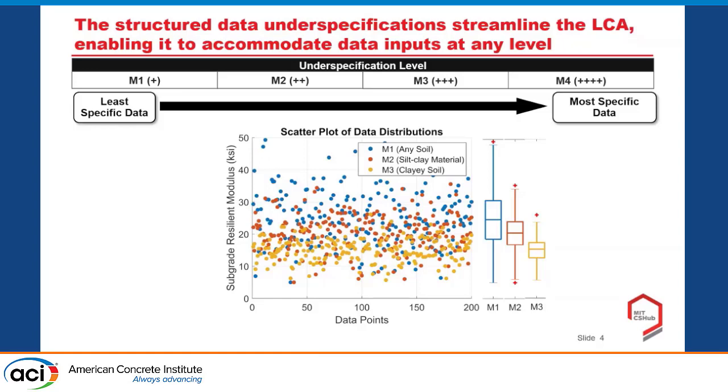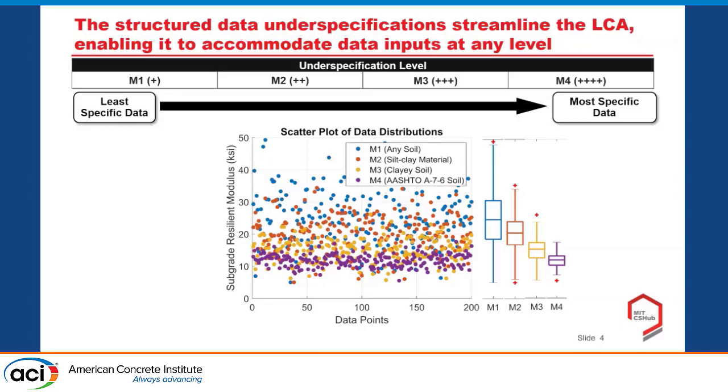If the user has the detailed soil type, if they definitely know that it could be AASHTO A-7-6 soil type, then, as indicated here, at level M4 the variation of the subgrade resilient modulus is reduced much further, with much less variation. So in this case, this structured data identification framework can adopt any data uncertainty or data specification from M level 1 to M level 4.